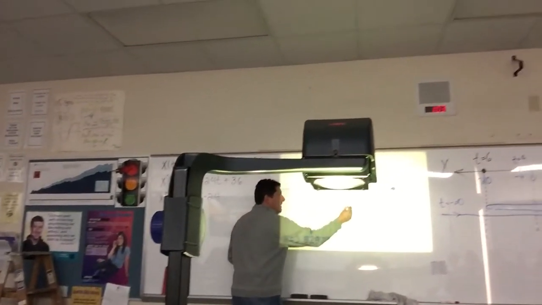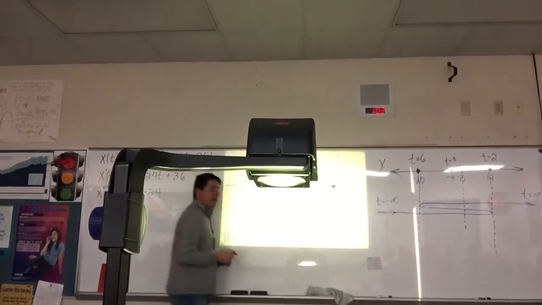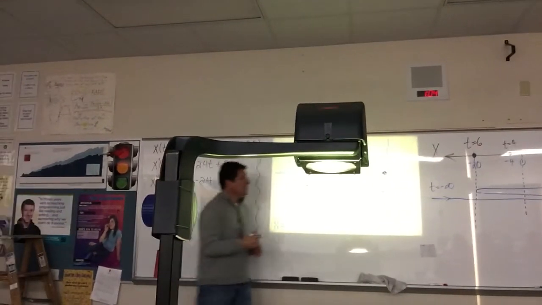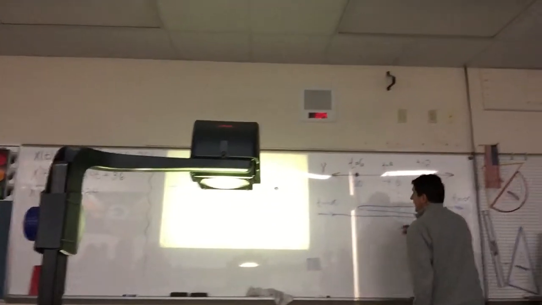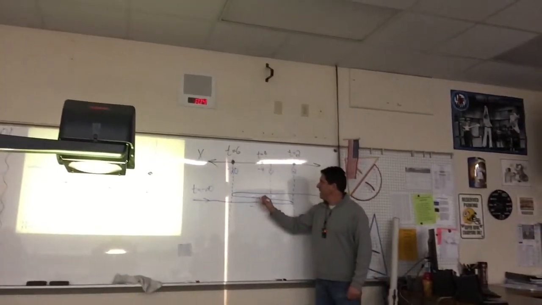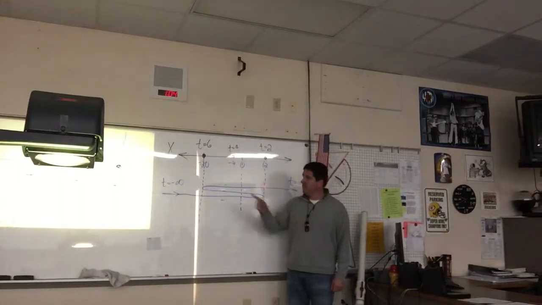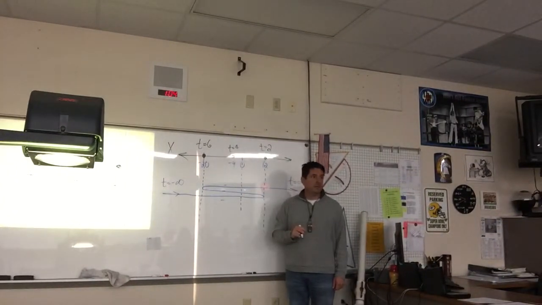These spots right here are when it's negative. To the left of 0, we're negative. Negative, negative, negative. Those are the 3 spots where it's negative.